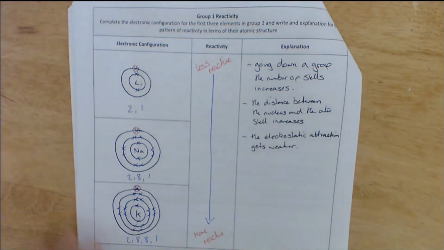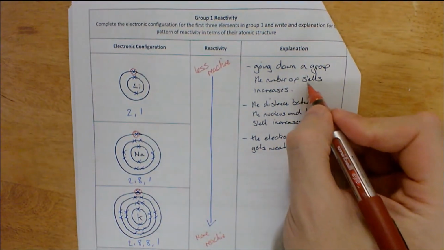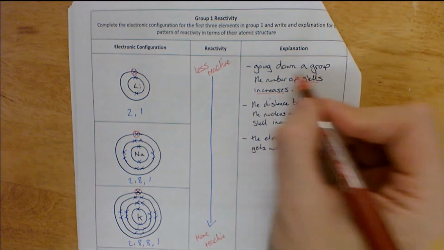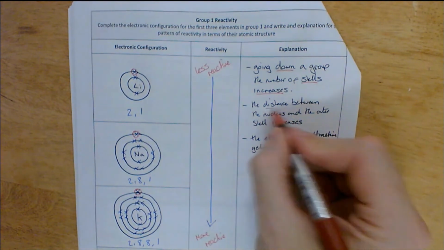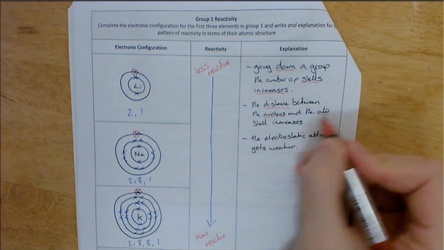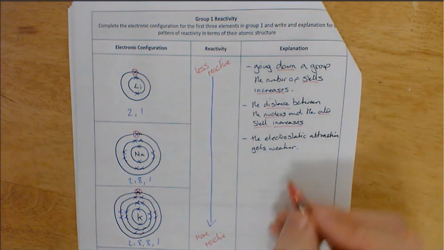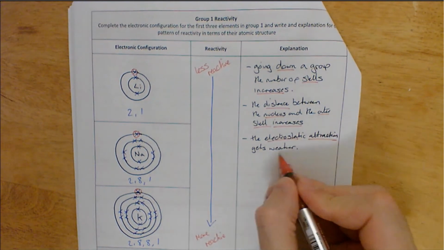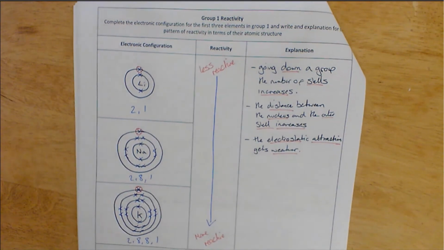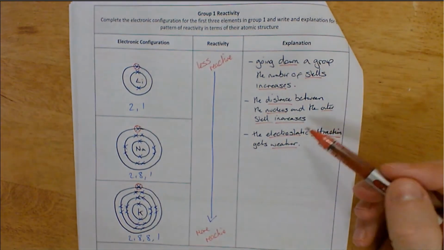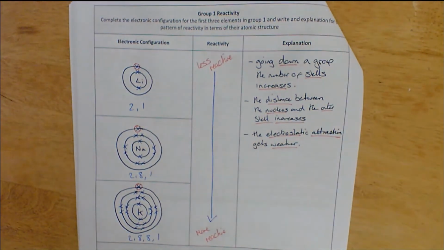Okay, so going down the group, the number of shells increases. The distance between the nucleus and the outer shell increases. The electrostatic attraction gets weaker. This is key terminology you have to be using, and the reason I've written this in black is because it doesn't matter which group you're talking about.